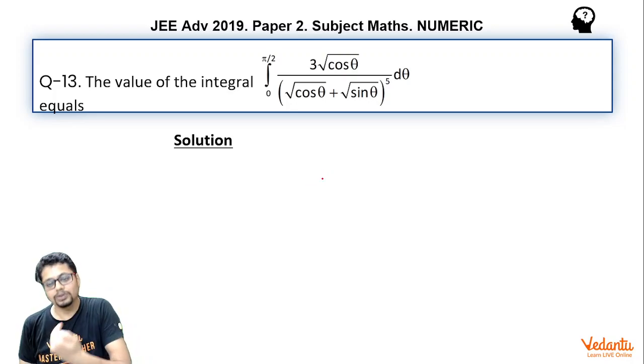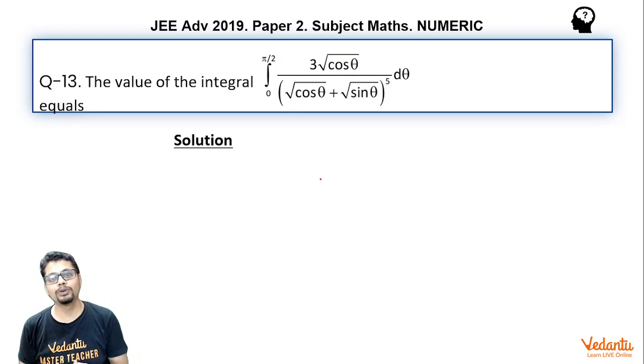So the better way would be to start with the integration as per indefinite integration and then put the limits. In such a case, we can divide numerator and denominator by cos to the power 5 by 2 theta, which essentially is root cos theta whole to the power 5.